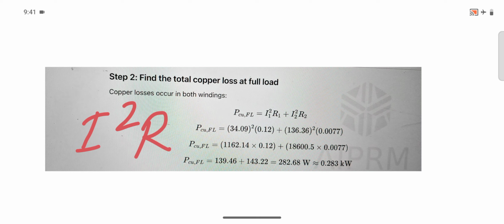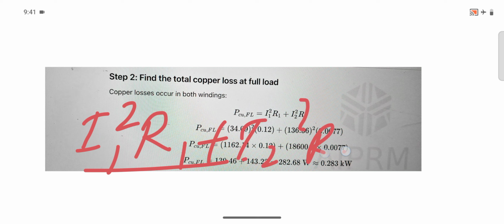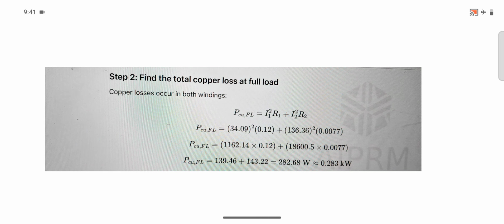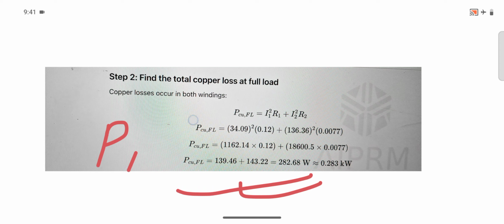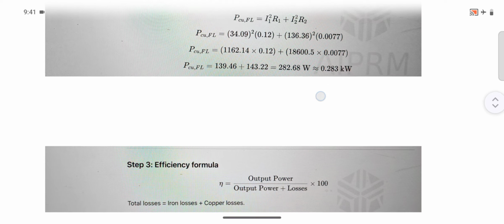Iron loss is constant, that is given already, and the formula for copper loss is I square R. So for the primary we take I1 square R1 plus I2 square R2 for the secondary. We have already calculated the primary current and secondary current, so we only have to put in the values and we get the copper loss in both windings, primary side and secondary side. So we have calculated the total copper loss at full load.